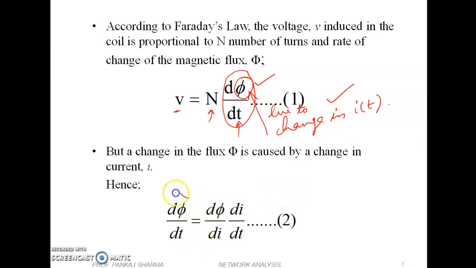Therefore, this can also be written as d phi by dt is equal to d phi by di times di by dt. Quality question number 2. Why am I writing this? It will be very much clear in subsequent slides.